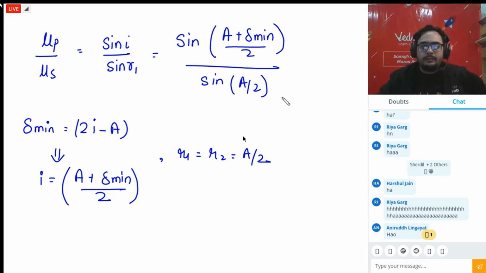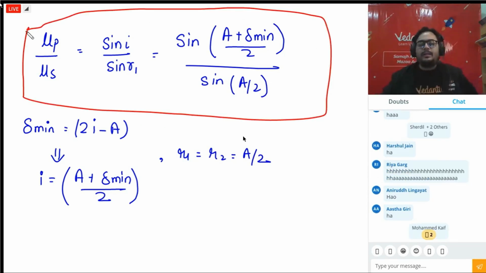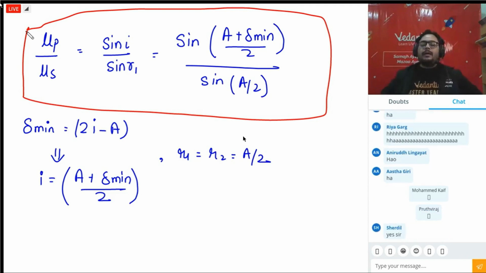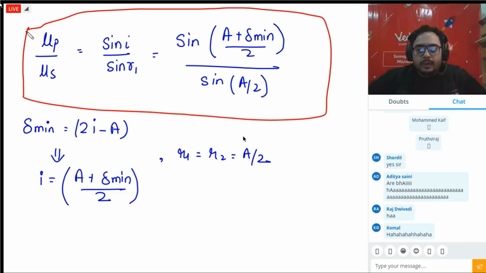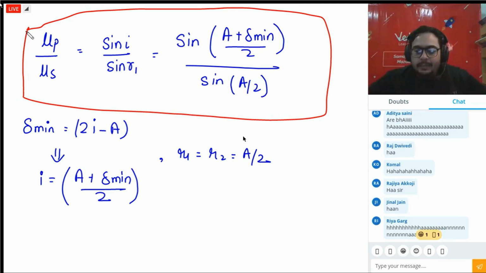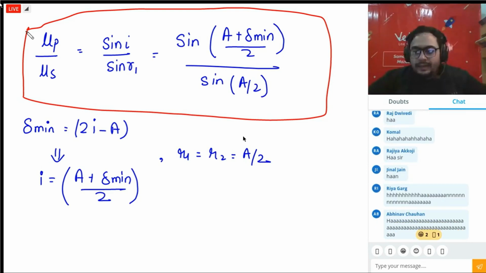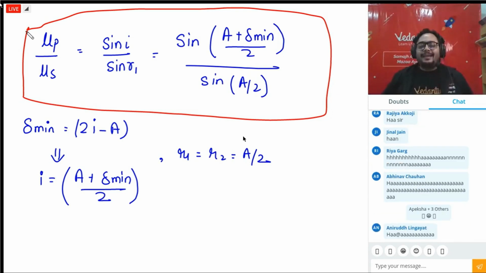Do you remember this formula from your book? This is the relation between delta minimum and refractive index.